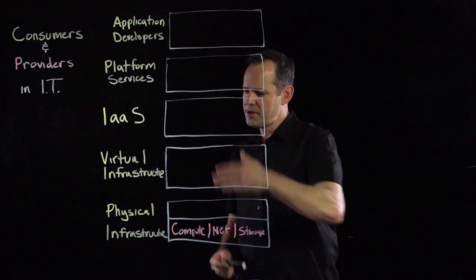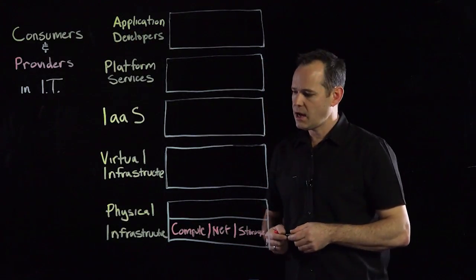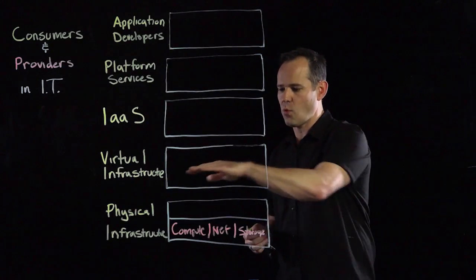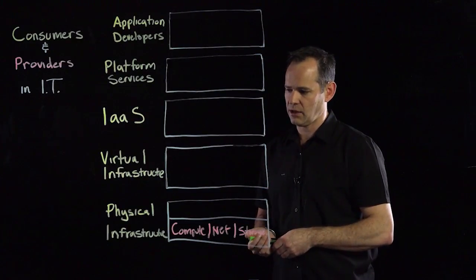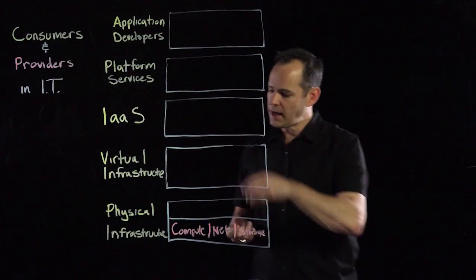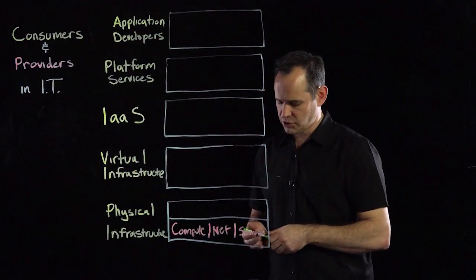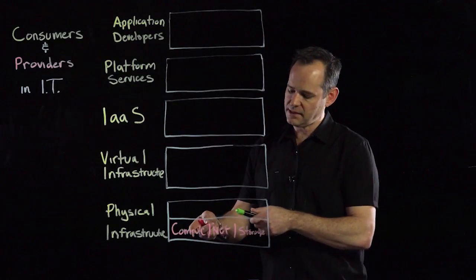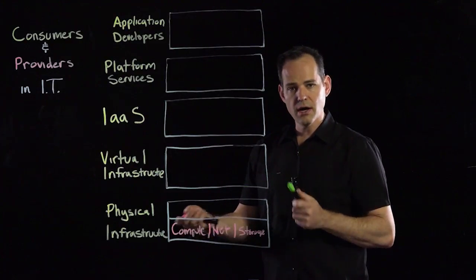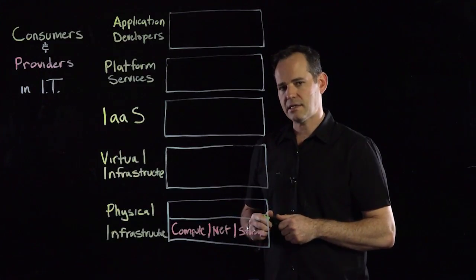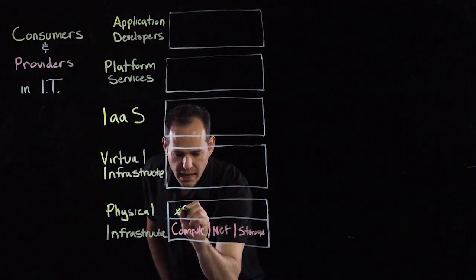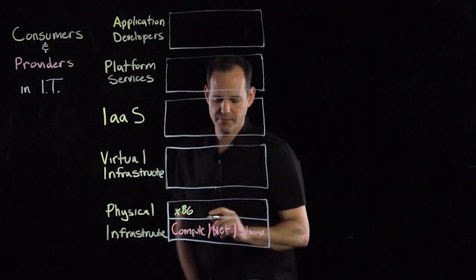Now, if I'm up in the virtual infrastructure layer, I'm going to have to make decisions as well about what virtual infrastructure technology I choose. But when I look down at that physical infrastructure, what do I really care about? What's important to me? Is it the fact that it's a Cisco or Juniper or Dell or HP? Not necessarily. What I really care about is, is it x86 for the server?